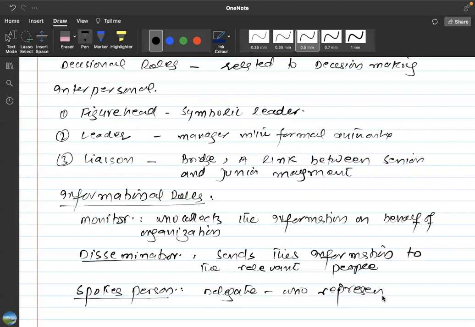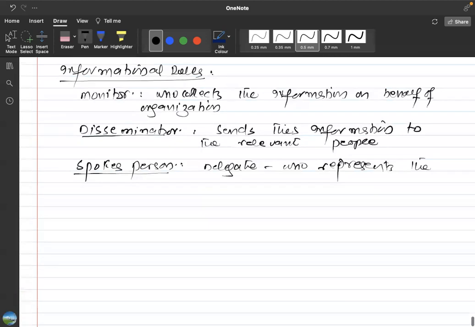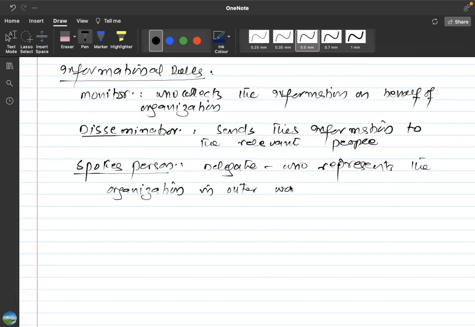Who represents the organization in the outer world. The third roles are decisional roles.